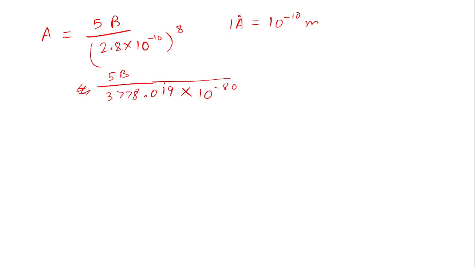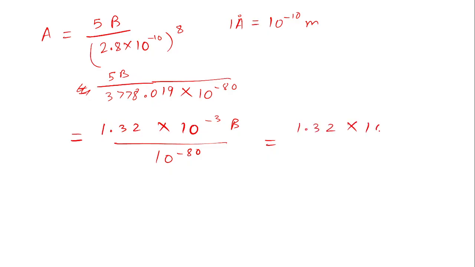And when I divide 5 by this number, I'll get 1.32 times 10 to the power minus 3 times b divided by 10 to the power minus 80. So it will be 1.32 times 10 to the power 80 minus 3, which is 77, times b. So this is the relationship between a and b, 1.32 times 10 to the power 77 b.